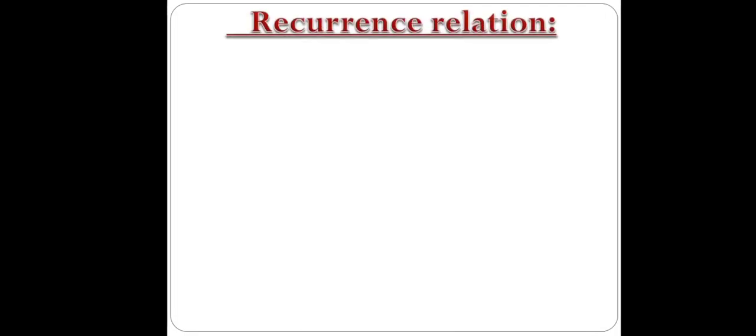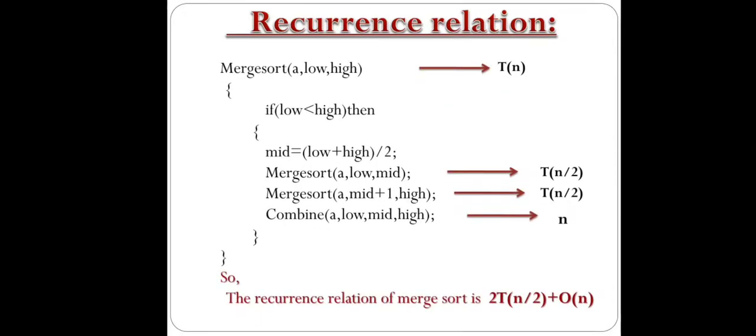So what is the recurrence relation for the merge sort algorithm? Let's say merge sort from low to high takes time n, that is, the total time required for merge sort is n. After dividing it into two halves, we are calling merge sort low to mid, that is, we are dividing into half, so it will take half the time.